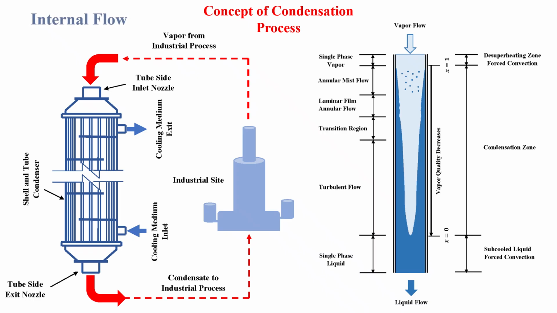Of course, on the left-hand side of this figure, we may see the description of these forms of condensation, that is single phase, then we have annular mist flow, then laminar, then we will reach a transition region to a turbulent flow, and finally we have the subcooled region where we usually experience a single phase liquid.